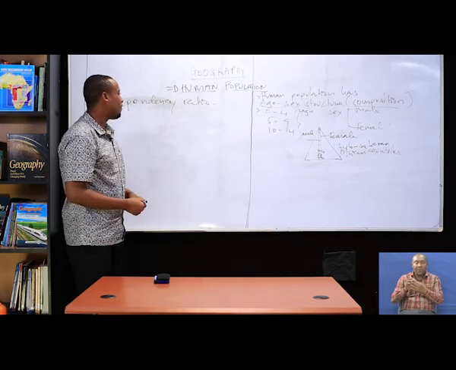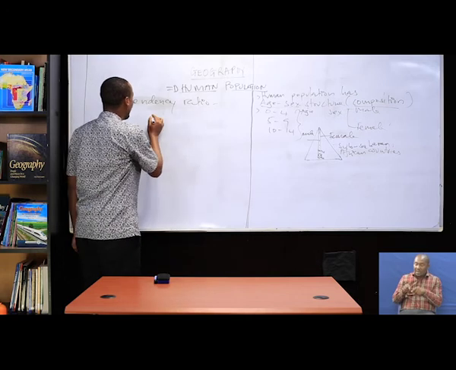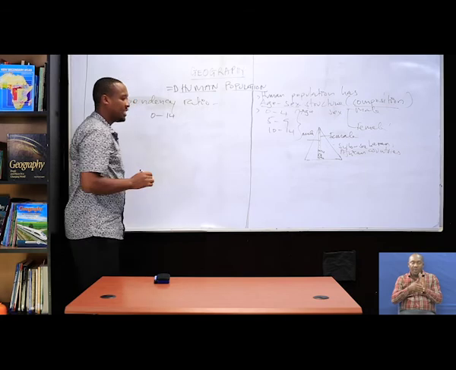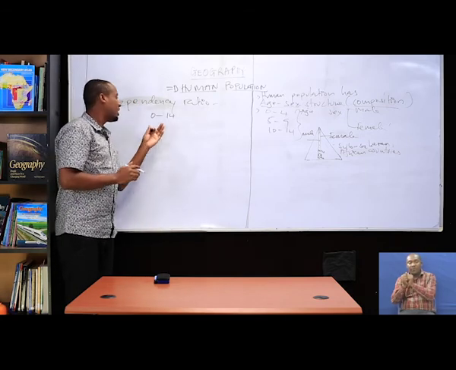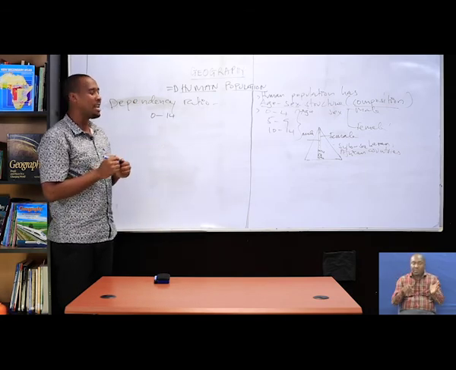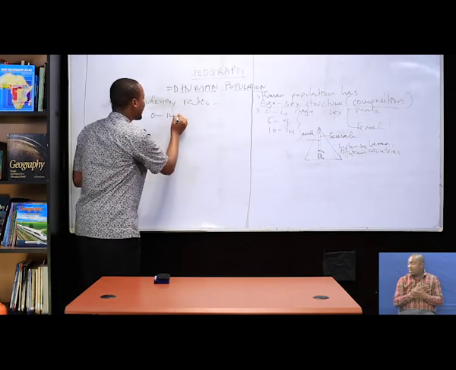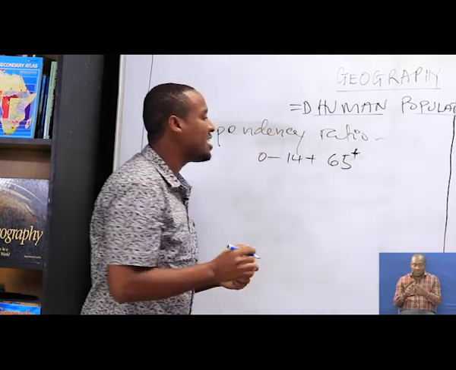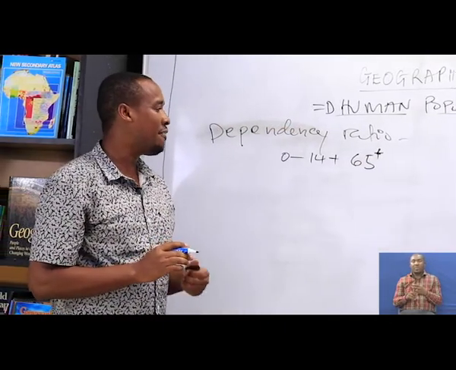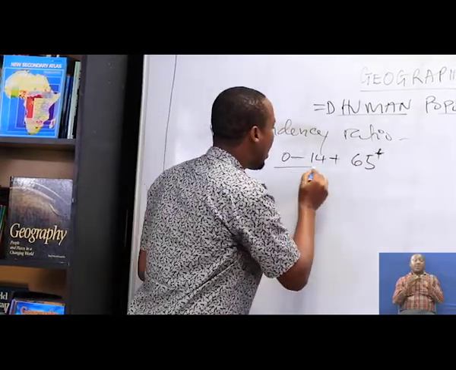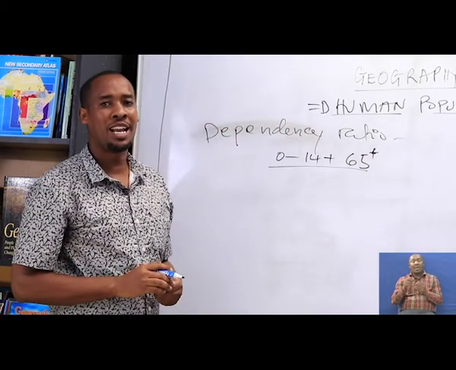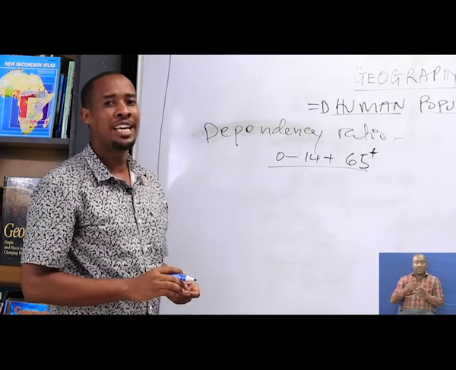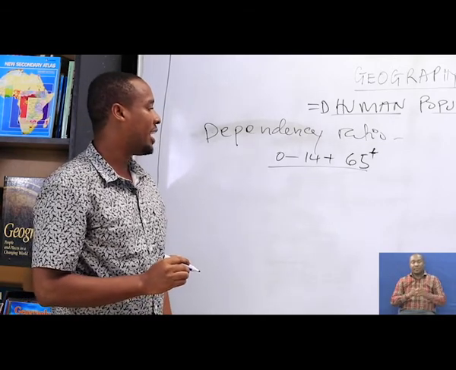Here we are highly focusing on numbers of people ranging from age 0 to 14. Those are children who are not involved in any productive activities, plus the aged people, that is age 65 and above, over the working population. Now, the working population are those people who are involved in economic activities.